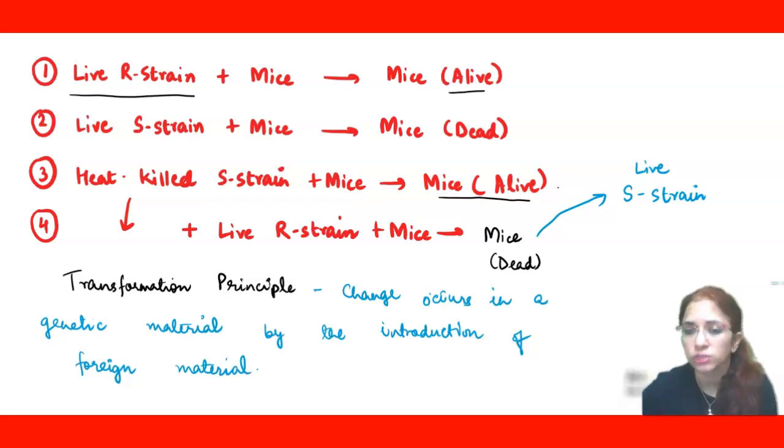So this was the finding of Griffith. He said that the non-virulent strain was changed into the virulent state because of the transformation, because of the change.